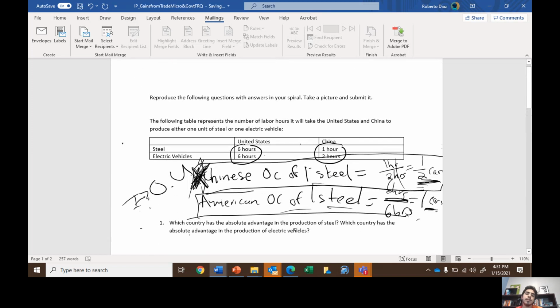And we had talked about the gains from trade, and we're going to talk more about this next week. But the idea is that if China produces steel, and the United States produces electric vehicles. I don't know why I circled that.